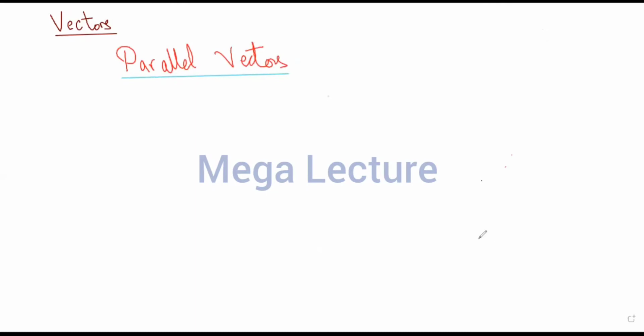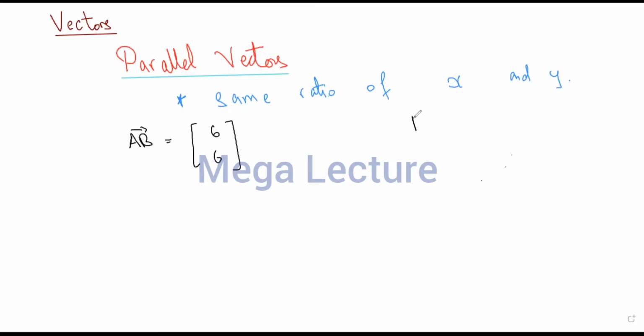Right. So just remember that in case of parallel vectors, you would have the same ratio of x and y. For example, if we have two vectors, let's say you have AB, it is 6, 6. And then you have PQ, and it is 3, 3.